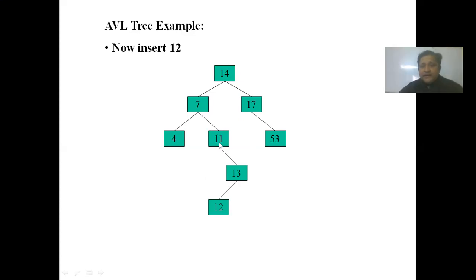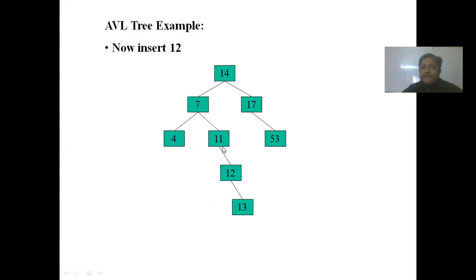For 11, it's a right-left imbalance. As you can see, it's an RL imbalance. So first of all, we have to make it an RR imbalance. We have to rotate right the 12 and 13. So 12 will be the right child of 11 and 13 will be the right child of 12 in the next step, like this. Then we have converted it into a right-right imbalance.